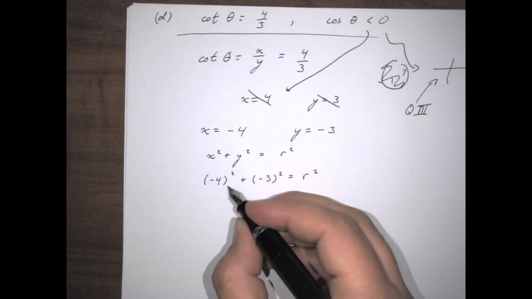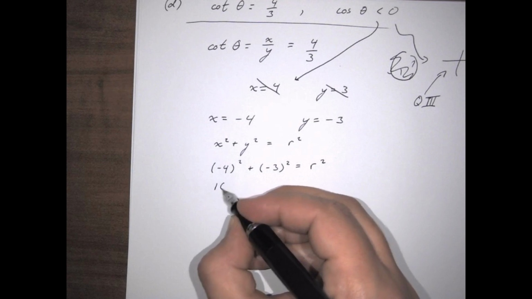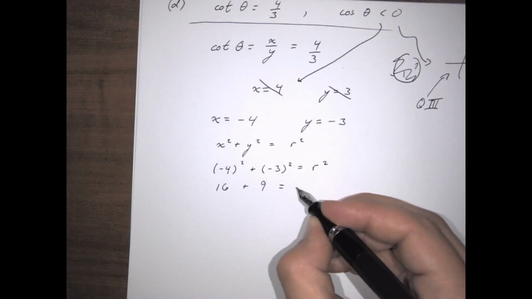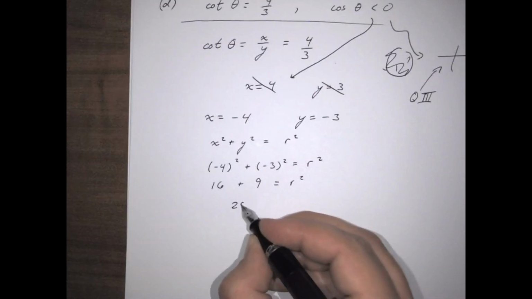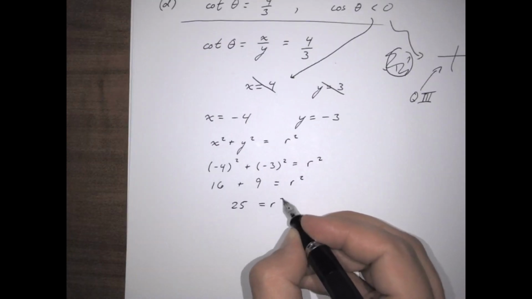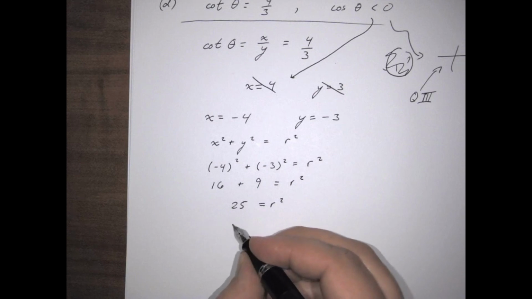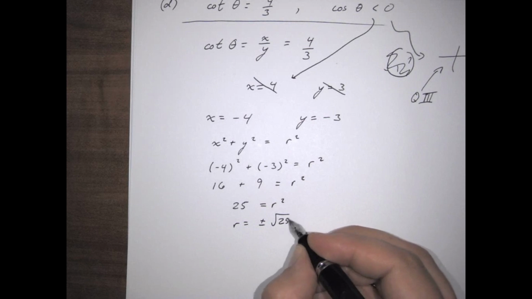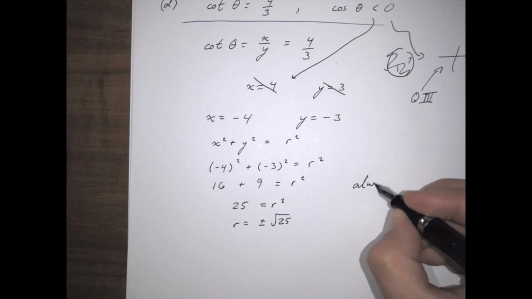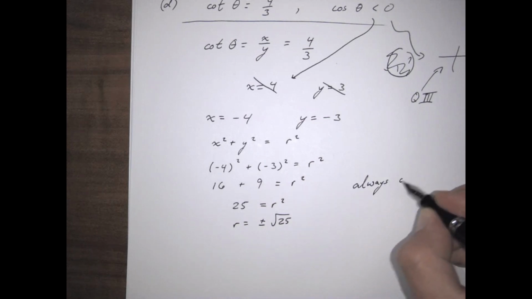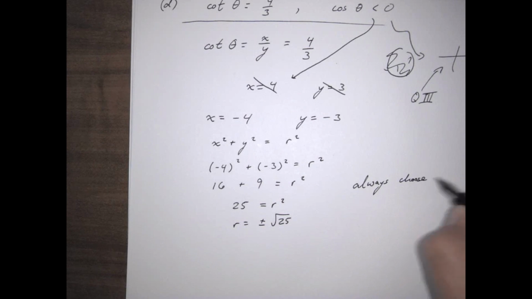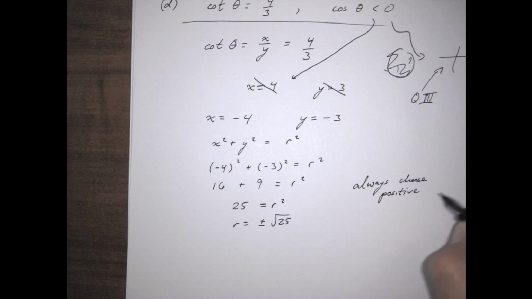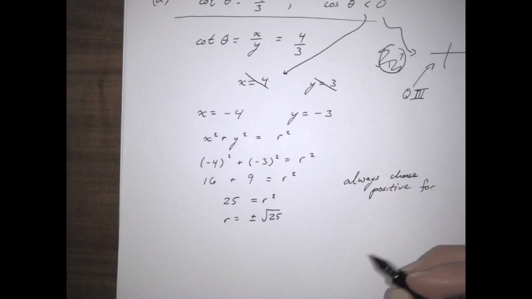If we square this, it's going to become positive 16 plus positive 9 equals r squared, 25 equals r squared, and so r equals plus or minus square root of 25, and we will always choose positive for r.